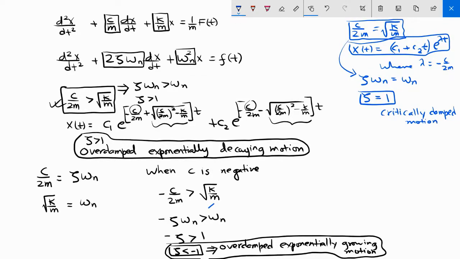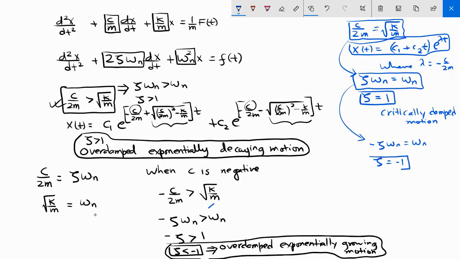If c is negative, then what will happen? If c is negative, then this statement will become negative times the damping ratio omega n equals to omega n. So we get damping ratio equals to negative 1. And at the same time, a negative c means lambda will be positive, which means we will get a growing motion.